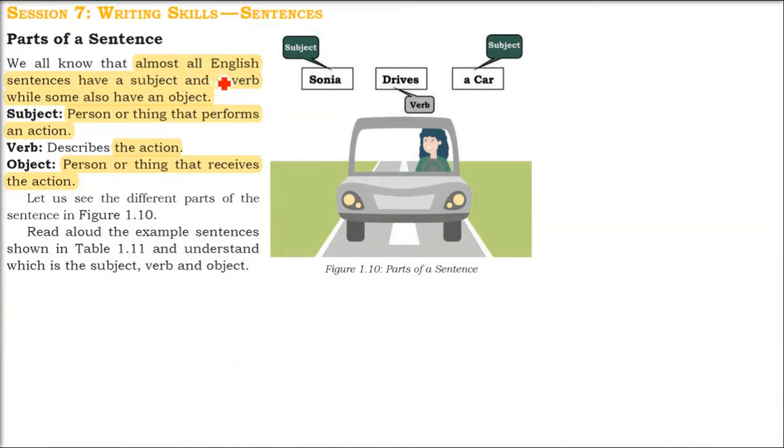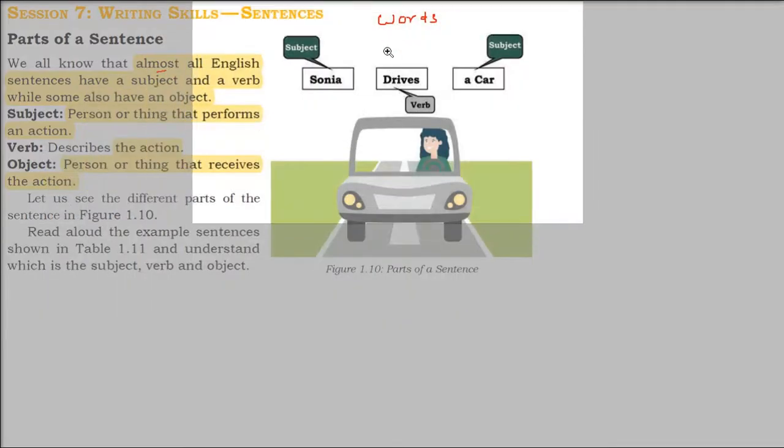So in English, almost all the sentences have three things. Sentences are what? Basically, words are combined to make a sentence which has a meaningful thought. So in almost every sentence, we have a subject, a verb, and an object.